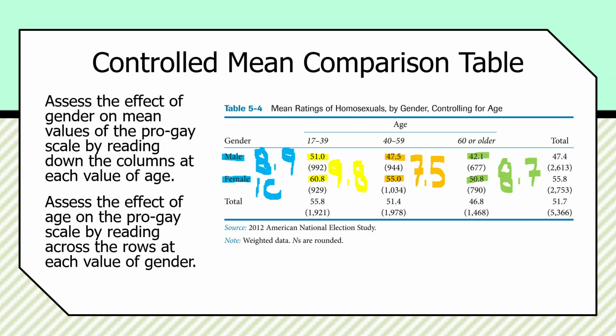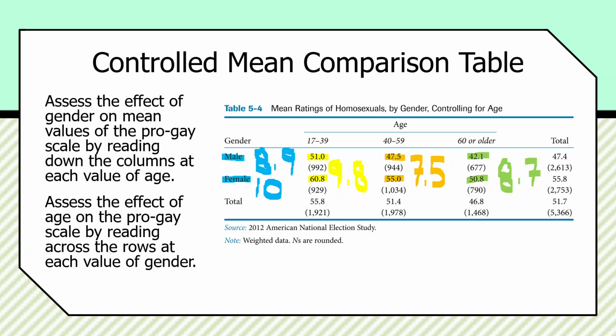So let's review that. Assess the effect of gender on mean values of the pro-gay scale by reading down the columns at each value of age. Assess the effect of age on the pro-gay scale by reading across the rows at each value of gender. Now again, these controlled effects are not estimates. These are what we've calculated.